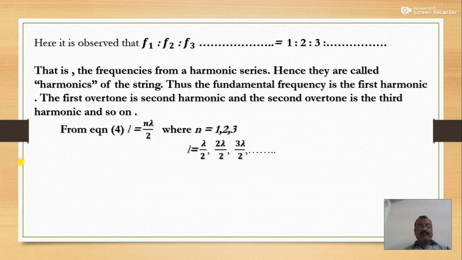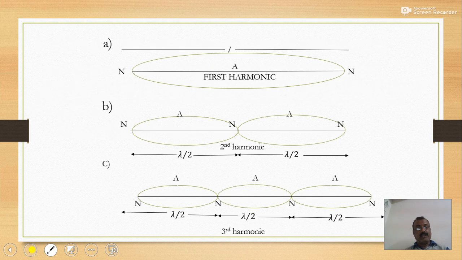Similarly, for f3, L = 3 lambda/2, and f3 is 3/2L times the square root of T by m. That is known as the third harmonic or second overtone. Hence, we can write this as 1 lambda/2, 2 lambda/2, 3 lambda/2. That is, L = 3 lambda/2. This is known as the third harmonic.